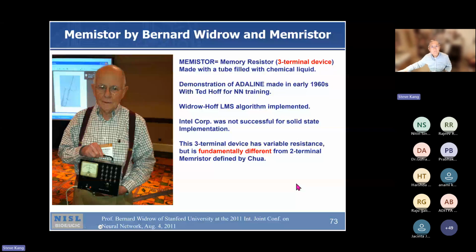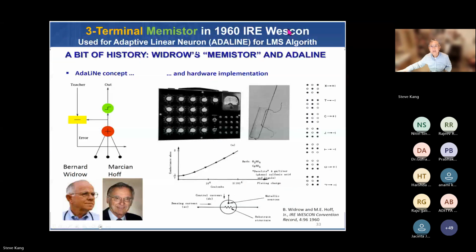This further shows the memristor is a 3-terminal device, used for what is called the adaptive linear neuron, ADALINE, for least mean square algorithm implementation.